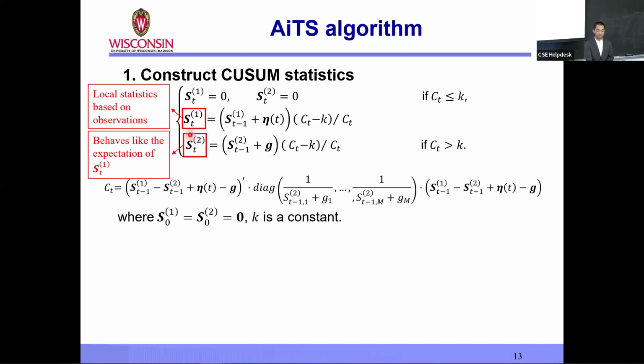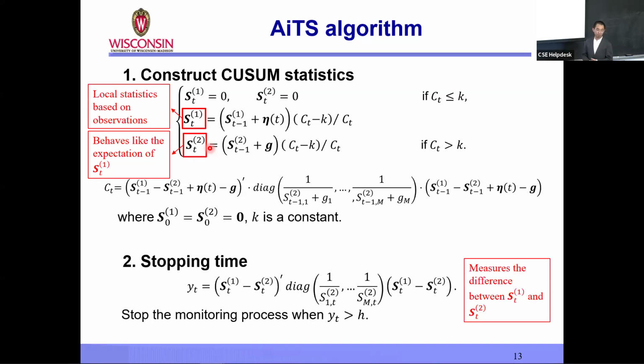S1 is a local statistic based on the observations with the eta here, and S2 is a statistic based on the in-control probability. So S2 should behave like the expectation of S1 when the process is in control. If there is a big difference between these two statistics, it means that something is happening in the process and we need to raise an alarm.